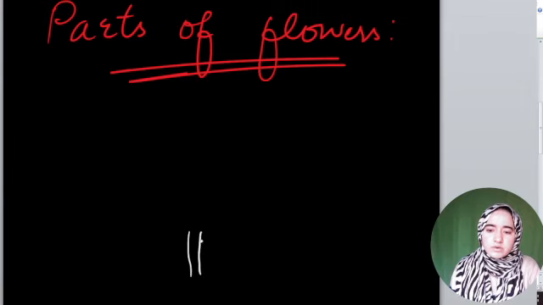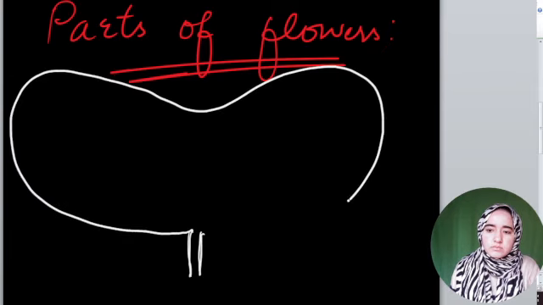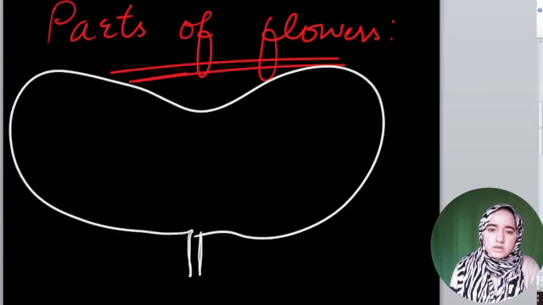This is the stalk on which the flower lies. This is a part of the flower. Sorry, I'm erasing it as it's becoming too small. I'll make it again. This is the structure on which the flower lies, that green colored structure.